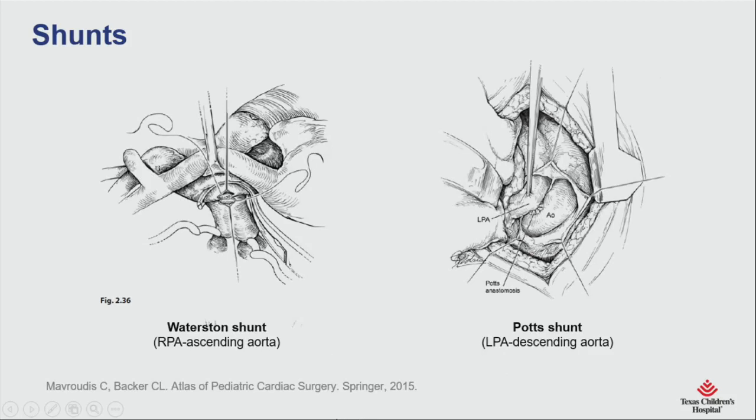The Waterston shunt is rarely used nowadays, but you may see patients, especially adult congenital patients, that had Waterston shunts in the past, and that was a connection between the ascending aorta and the right pulmonary artery, based on the fact that the right pulmonary artery comes underneath the ascending aorta. Now, the reason why this is important is because a lot of the times these shunts were closed by just opening the aorta and putting a little patch on the shunt and keeping the aorta connected to the pulmonary arteries.